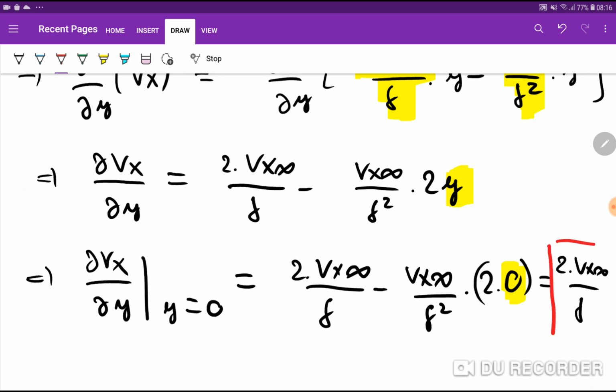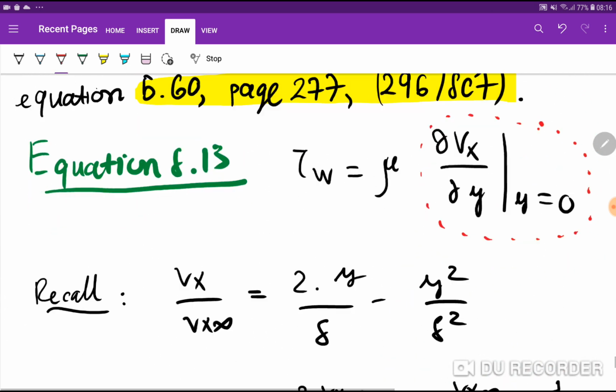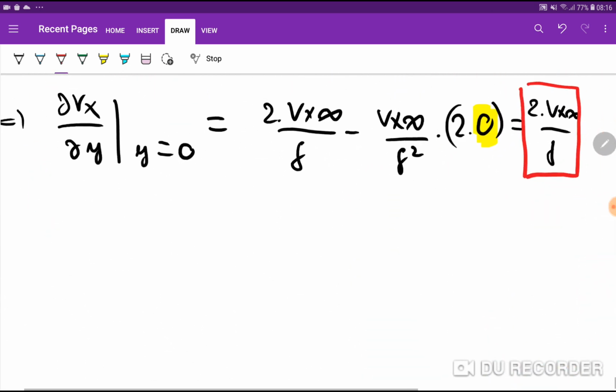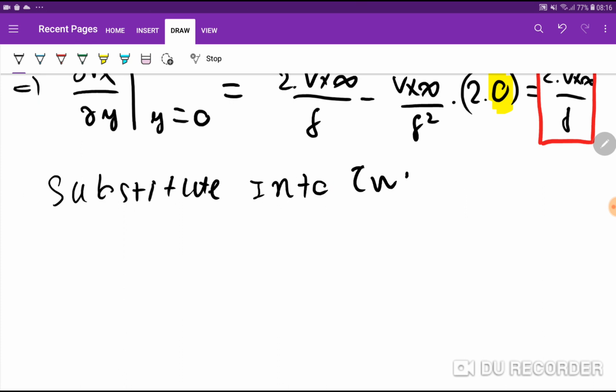Okay, so that is your partial. You substitute this into your τw. So you get τw equals μ times 2 times Vx infinity over δ.